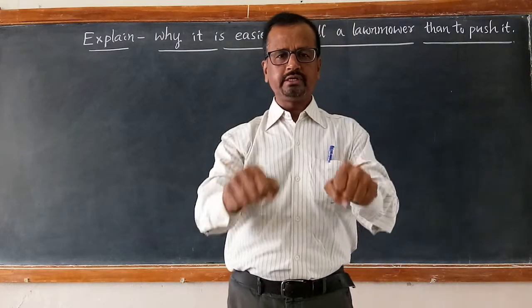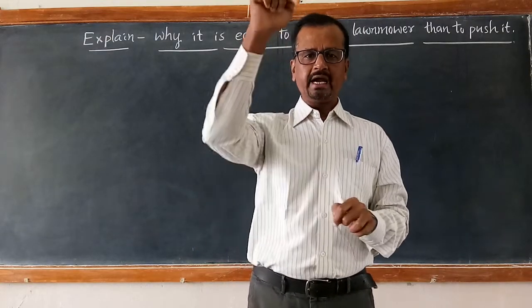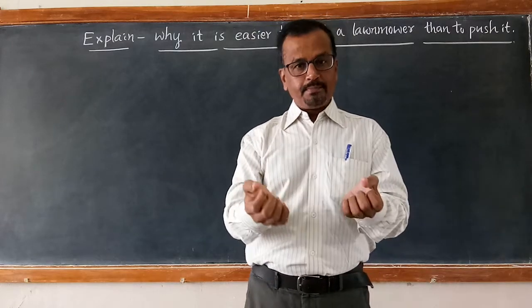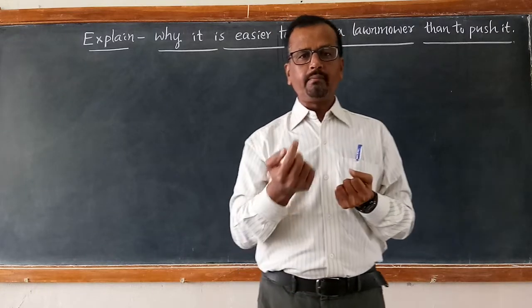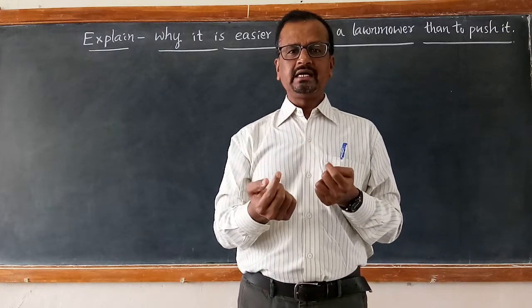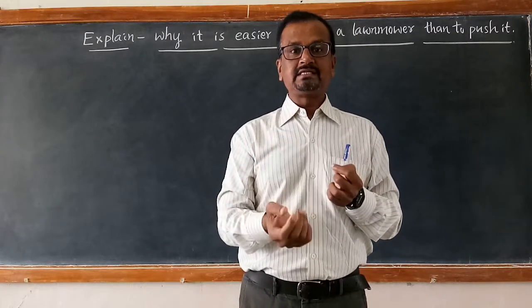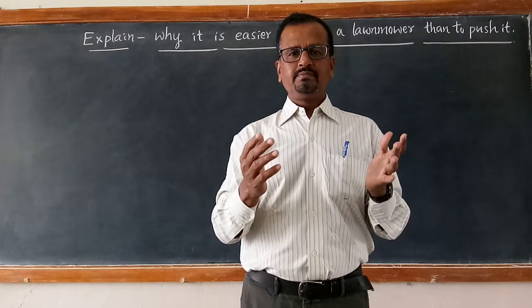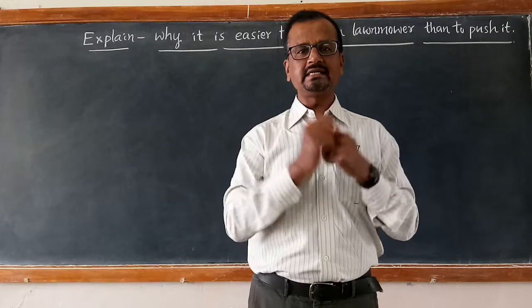So when we push it, the vertical component of our push is added to the weight. When we pull the lawn mower, the vertical component of the pull is subtracted from the weight. That's why pulling is easier than pushing. Pulling a lawn mower is easier than pushing.